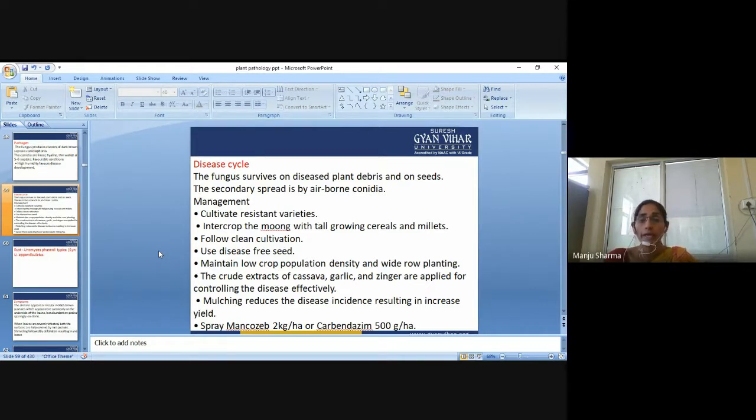The crude extracts of cassava, garlic, and ginger are applied for controlling the disease effectively. Mulching reduces the disease incidence, resulting in increased yield, and spray mancozeb 2 kg per hectare or carbendazim 500 gram per hectare.